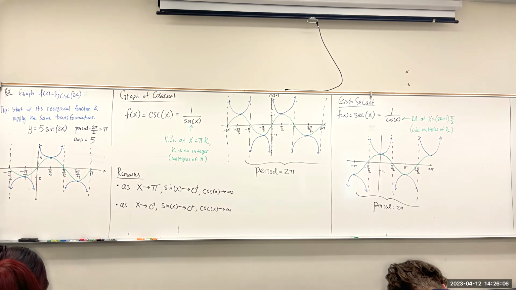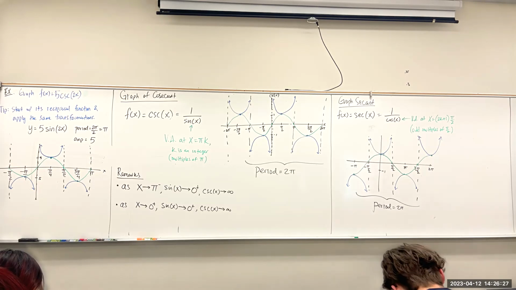If I have a b in front of the x, all these x values get divided by b. But then the period gets divided by it. So it would be 2 pi over 6. Correct. Yeah, the period would be 2 pi over whatever the b value is. And then the amplitude would be 4. 4, correct. Thank you.